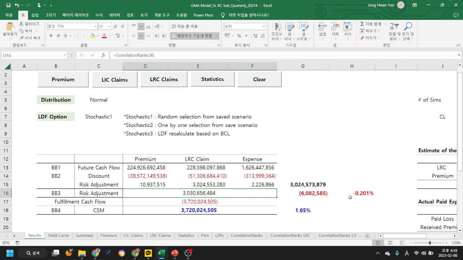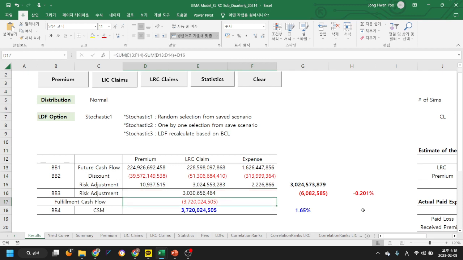That's how you come up with the risk adjustment based on the 75th confidence level. And if you change it to a 60th or 80th, it's going to change this number. I also include the risk adjustment, and that is now the fulfillment cash flow.